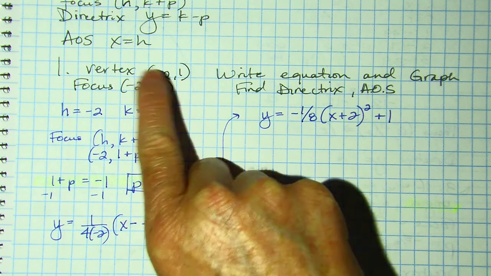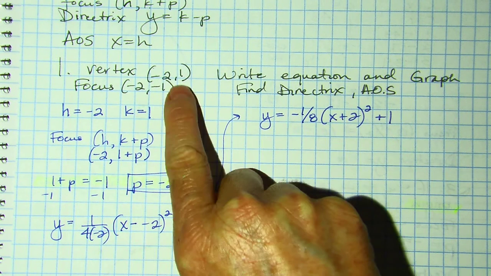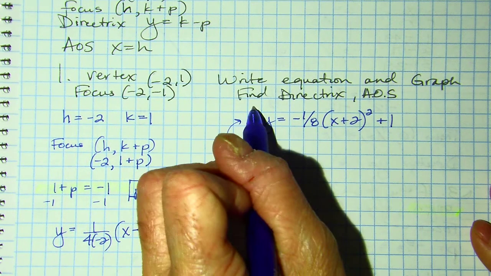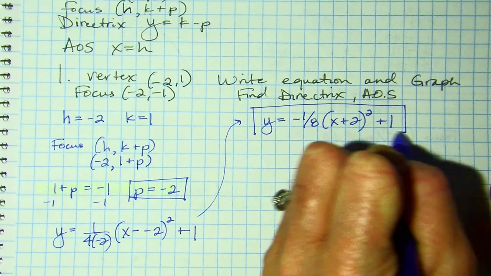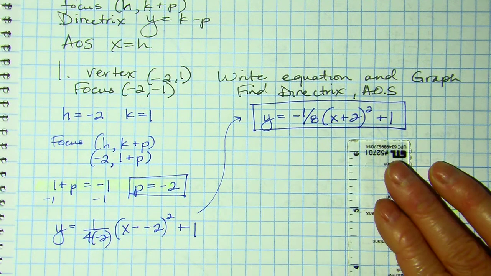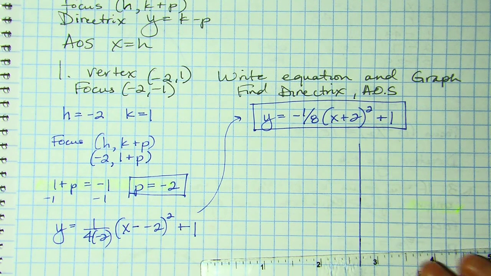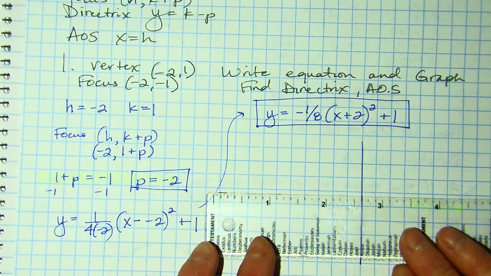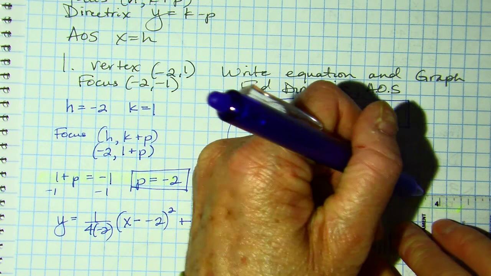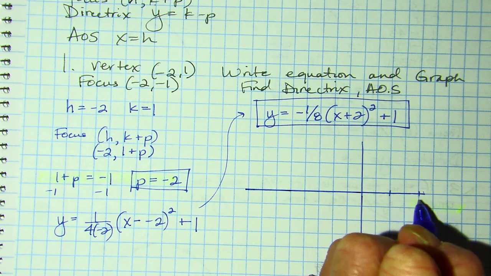And that fits. If h is negative 2, then it's positive here. If k is 1. So this is my equation. Now, using Desmos, you can graph this, right? You don't need me. But I am going to do it by hand. And you can see how I do that.